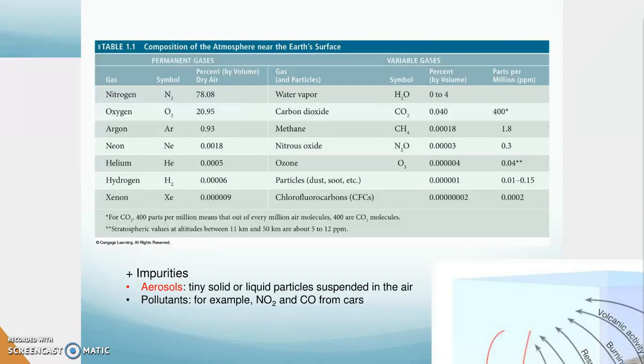I skipped water vapor on purpose because there's something very important about water vapor which comes later on in the course. This is probably one of the most important compounds in the atmosphere because it's what determines weather. Water vapor varies more than any other compound in the atmosphere.